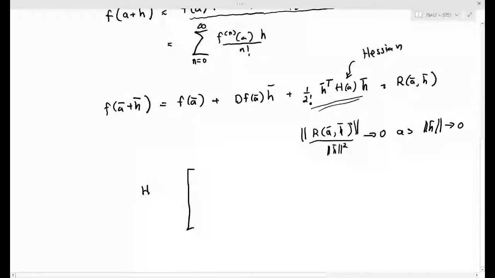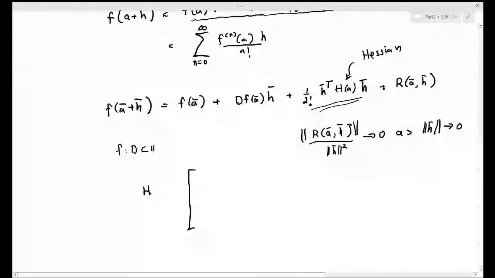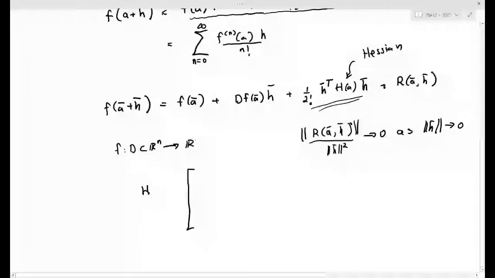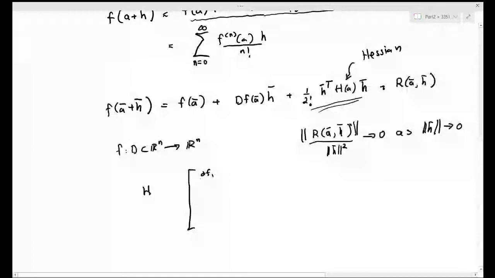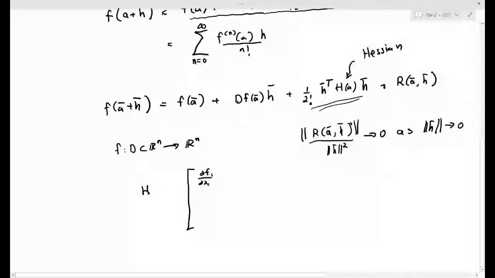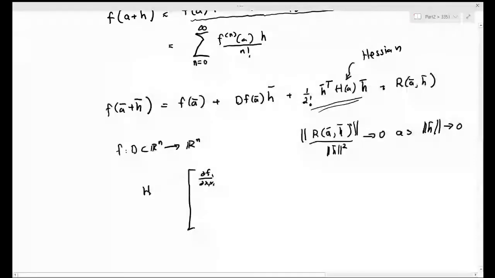Well, it's a matrix of second order partial derivatives, for functions from some subset of R^n into R. So it's just the mixed partial derivatives. I'm not going to write it down, but it's the matrix of second order derivatives.